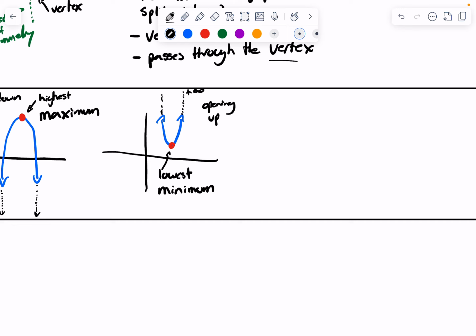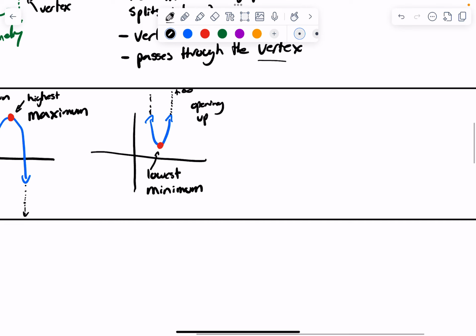So the vertex, all right, the vertex is the max or minimum of a parabola.